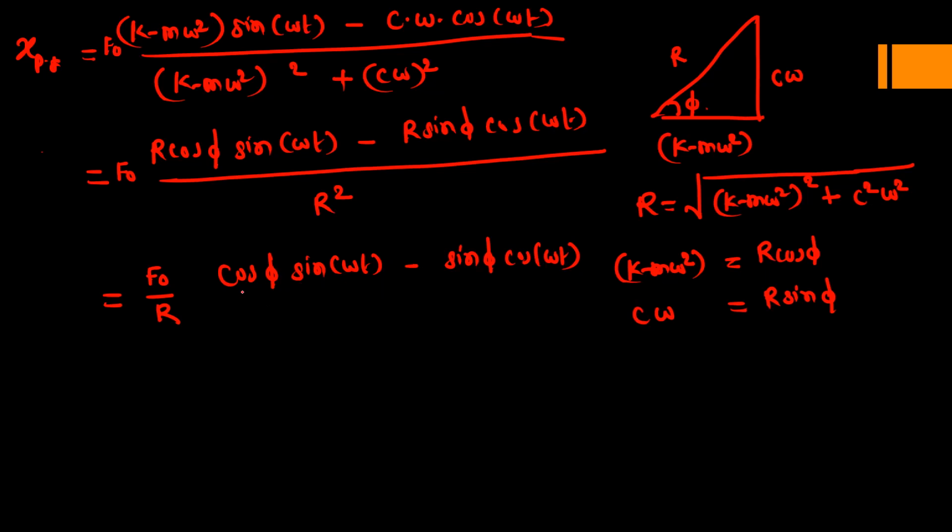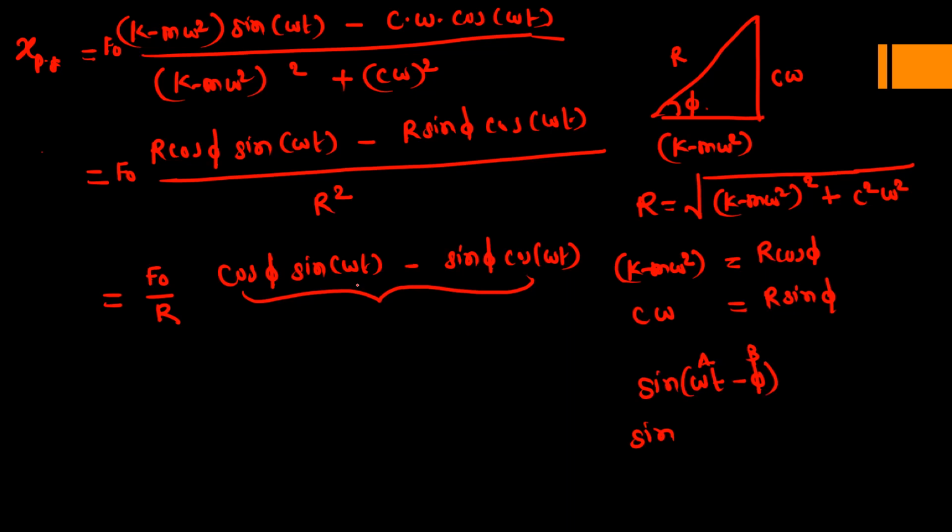Now, if you refer to this equation, we can assume this as an expansion of sine omega t minus phi. Okay. So if you expand this, then you will get the term sine A cos B minus cos A sine B. So you will get the same equation.